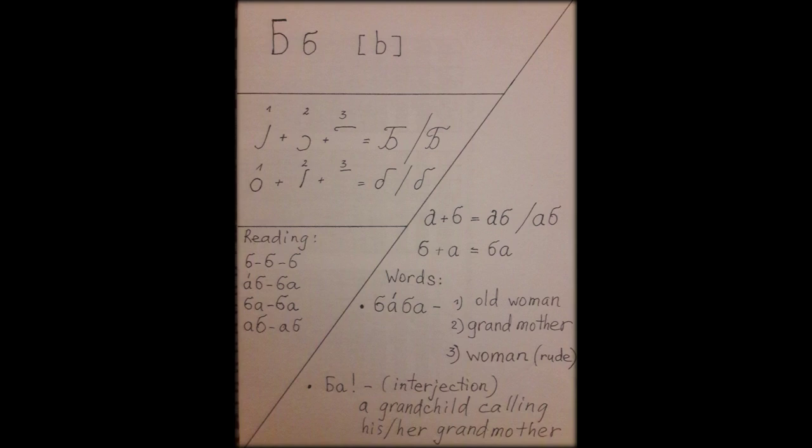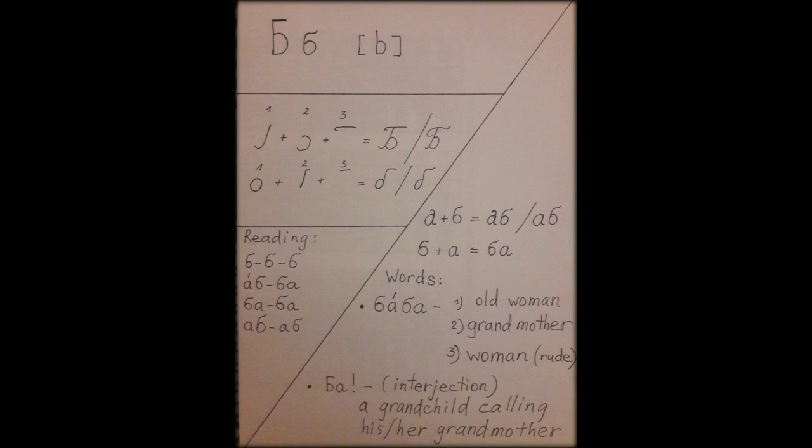Well, if we combine what we know from the previous lesson, we learned letter R. And if we combine it with B, we shall have two letters, R plus B. It makes AB.